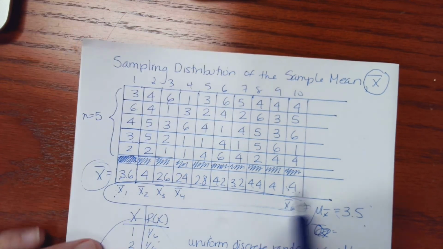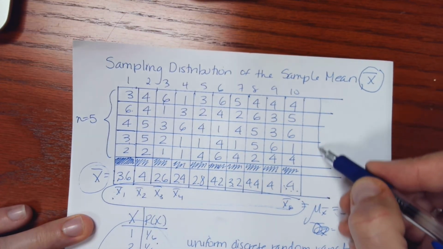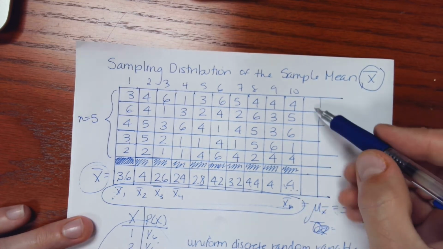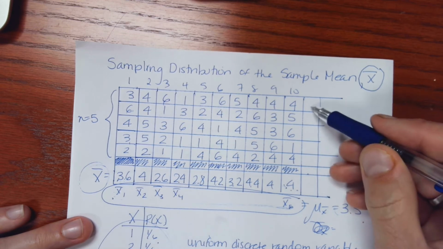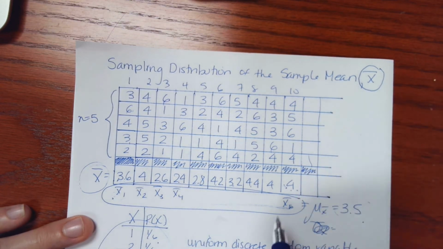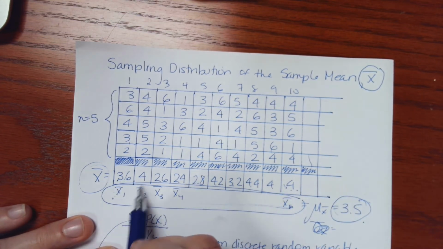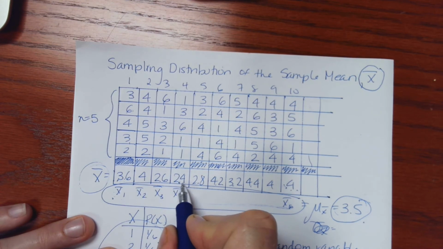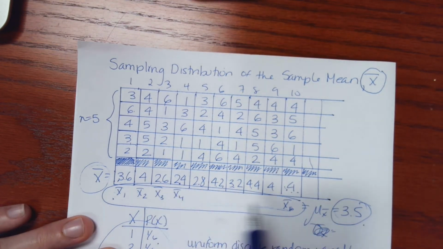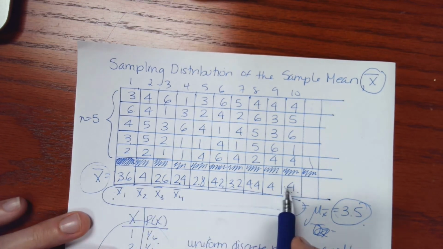For instance, I'm not seeing any 6s. In order to have a sample mean of 6, I would have to have a row of all 6s, which is a pretty unlikely scenario if these are truly random and I have a fair die. I'm seeing values here that are much closer to the center of 3.5. There's a little bit of variety. I do see a 2.4, and there's a 4.2, but generally speaking, I have values in the 3s and 4s.